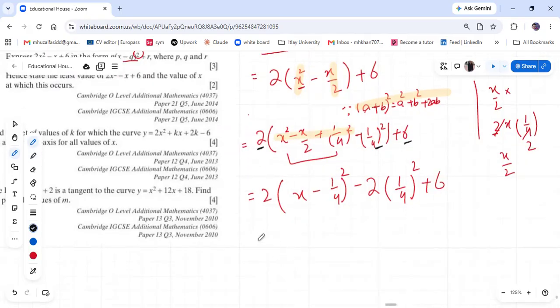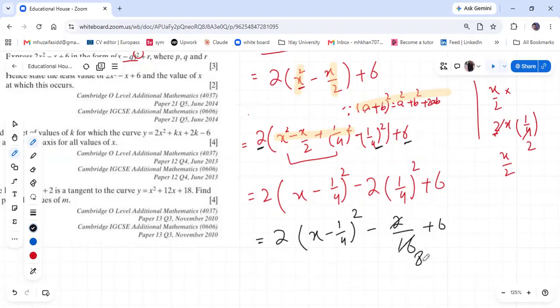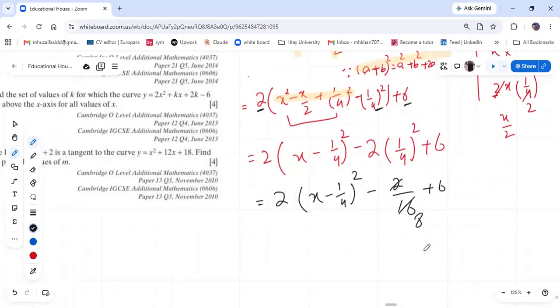Now here we do some simplification. This is x minus 1 over 4 squared, and minus 2 by 16 plus 6. The 2 by 2 cancels, so 1 over 8. So this is 2 into x minus 1 over 4 square minus 1 over 8 plus 6.